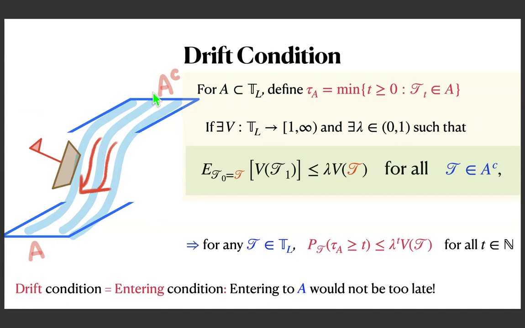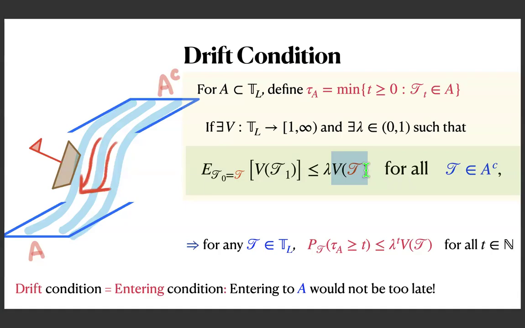We want to know whether our chain will in the end enter a desirable set A. If the chain will really flow in a certain direction, then we should be able to find some function V, called the drift function, which has a much smaller expected function value at the next step of the chain compared to the function value at the initial place. I think that's the intuition of this drift condition.